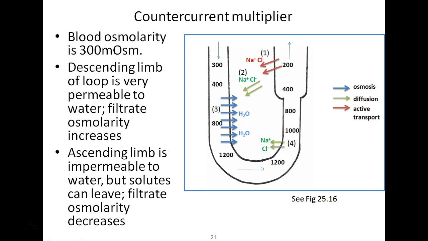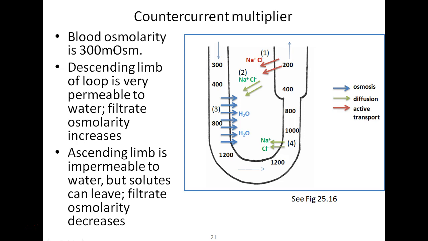So in this countercurrent multiplier, blood osmolarity should be about 300 osmolarity. The descending limb is very permeable to water, and filtrate osmolarity increases. The ascending limb is impermeable to water, but solutes can leave, and filtrate osmolarity decreases.